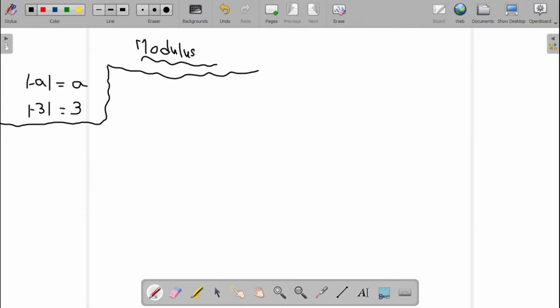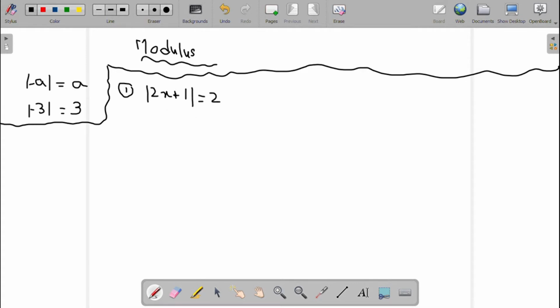So the first one, let's say we have to solve a problem: mod of 2x plus 1 equals 2. In this problem we have a modulus expression on the one side, and on the other side there is an integer, positive 2.